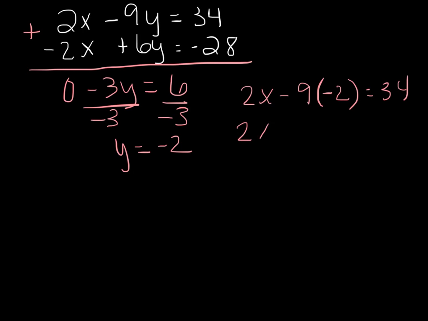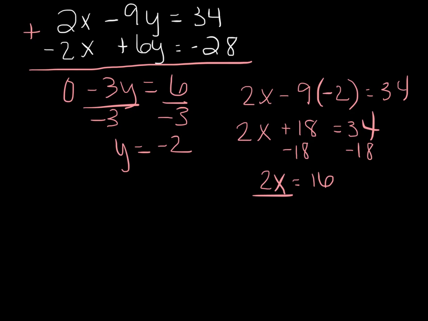Bring our 2x's down. -9 times -2 is a positive 18 equals 34. Then we subtract 18 from both sides. Left with 2x equal to 16. x is still not alone, so we divide by 2. Divide by 2. x is equal to 8. So now we have our x and our y, and we write it as a coordinate point, because that is our solution. 8, -2.